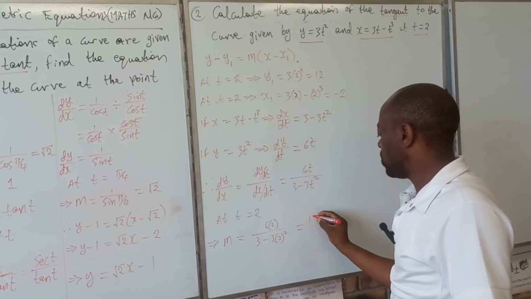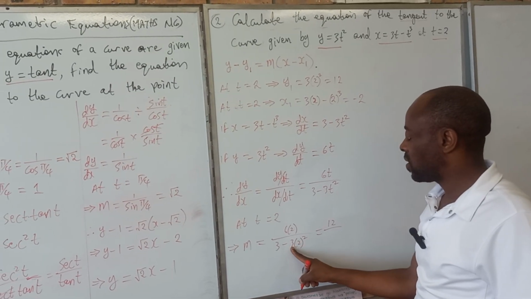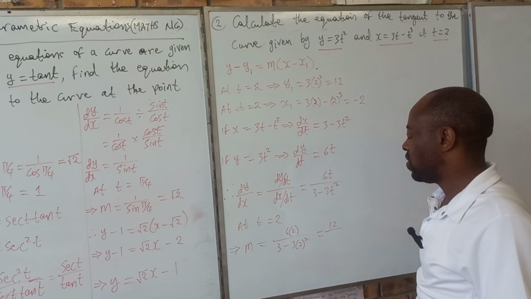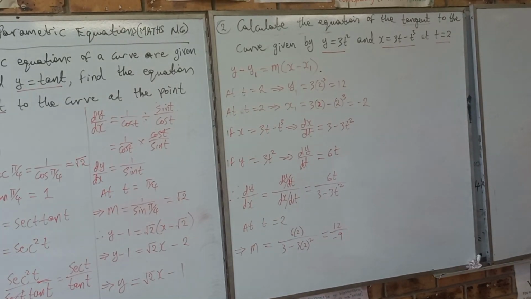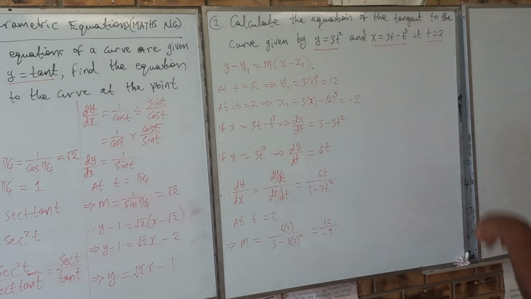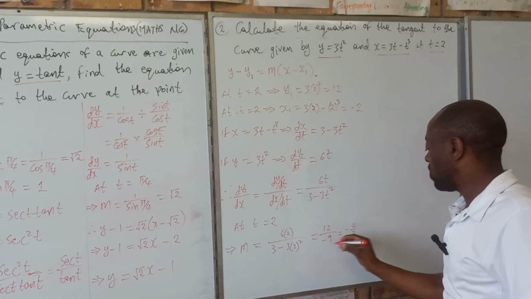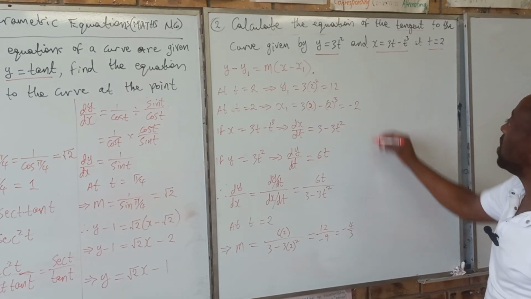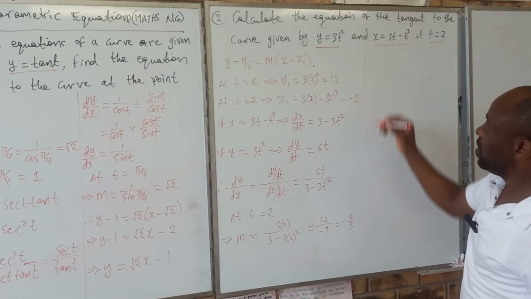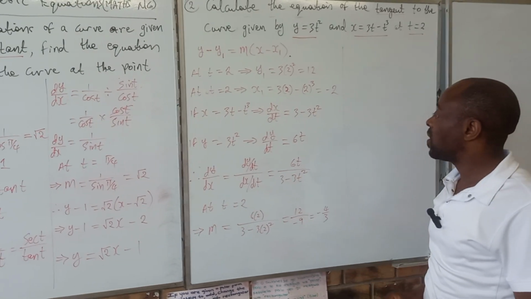So 6 times 2 you are at 12. 2 squared is 4, times 3 is 12. 3 minus 12 should be negative 9. Yeah, so 12 over negative 9 is the same thing as negative 4 over 3, since 3 will go there 3 times and 4 times. So that is our gradient. We now know our gradient m to be negative 4 over 3.